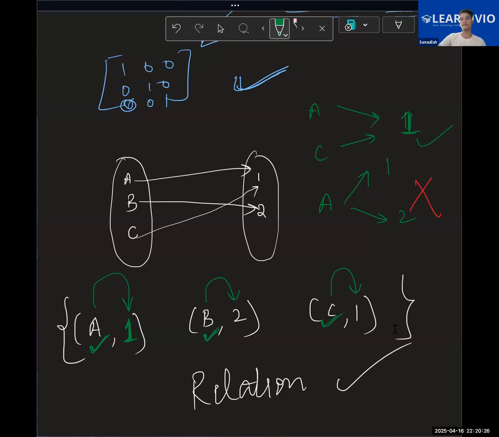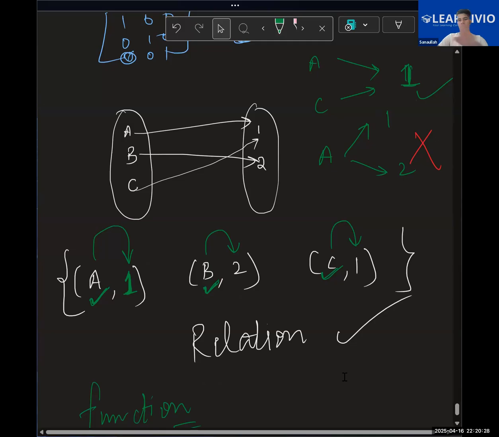Yes, sir. So tell me, is this relation a function or not, that I have written here: A1, B2, and C1? Yes, sir, this relation is a function. Is this a function or not? Yes, sir, it is. You have some doubt, I guess. No, sir, I don't have any doubt.